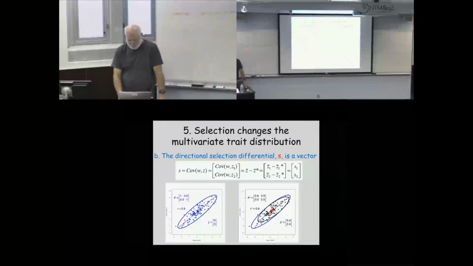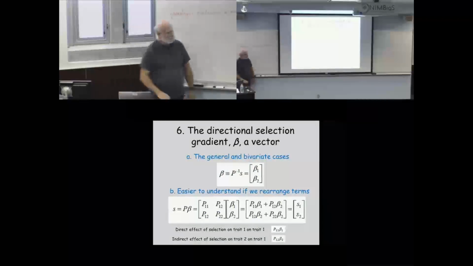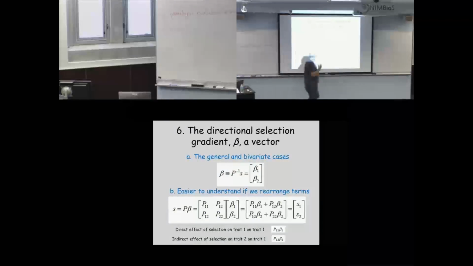Speeding up a little bit so we don't go into our lunch hour. And now we're going to define this new thing. What happens, though, is that the selection differential can give us a misleading picture of what's actually going on.